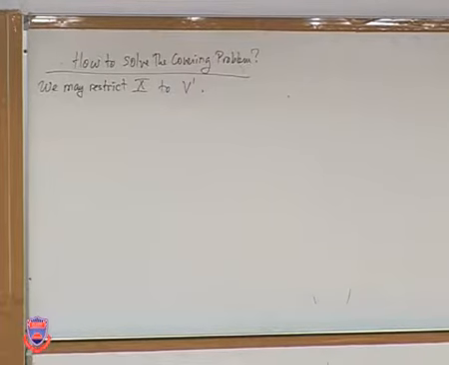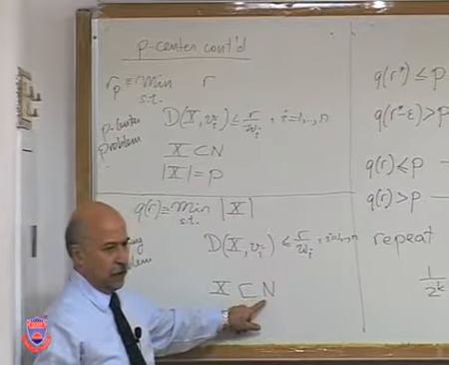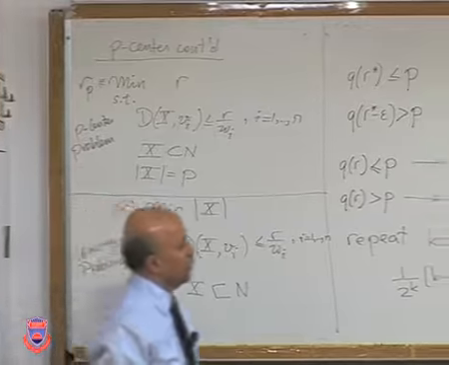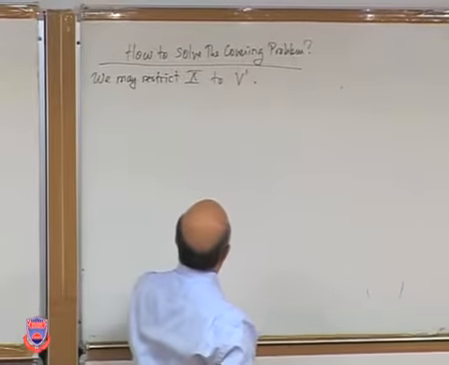The first thing is, of course, I'm able to restrict my search for x to v prime rather than to n. Okay? So with that, I have finitely many points.